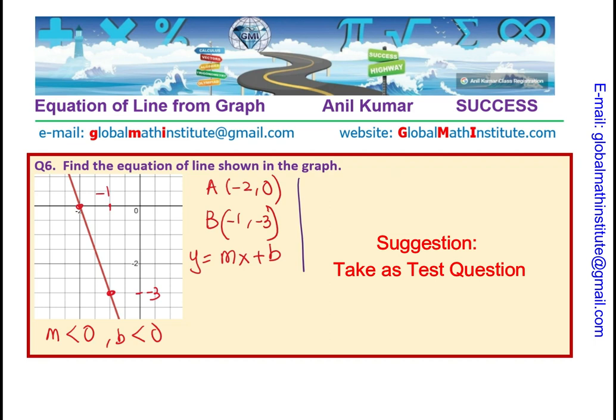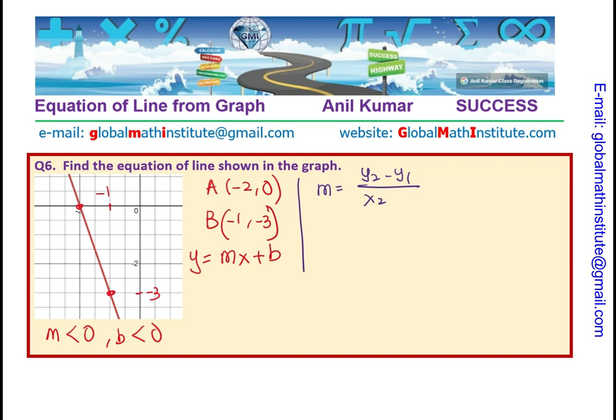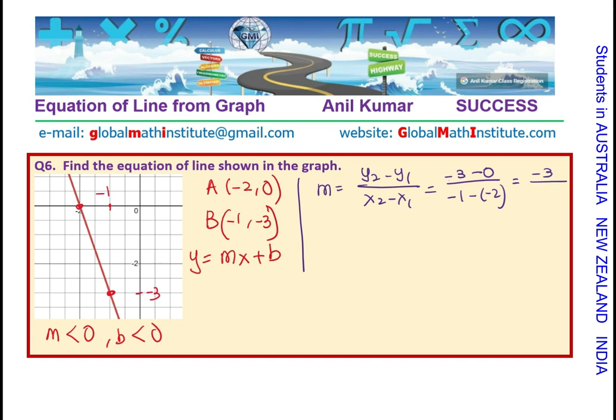First find slope m. So m, as you know, is y2 minus y1 over x2 minus x1. So the 2 points will give minus 3 minus 0 over minus 1 minus minus 2, which is minus 3 over minus 1 plus 2, correct? Or you can write this m as minus 3 over 1, or negative 3.